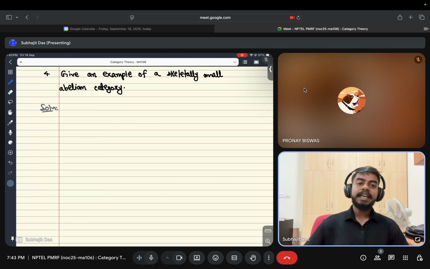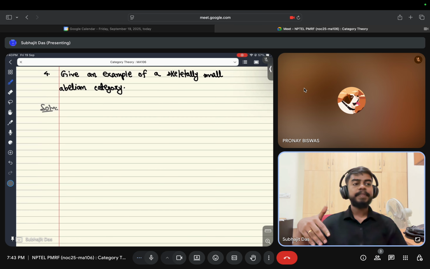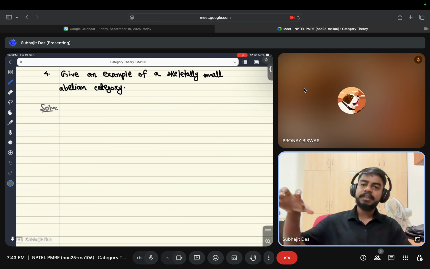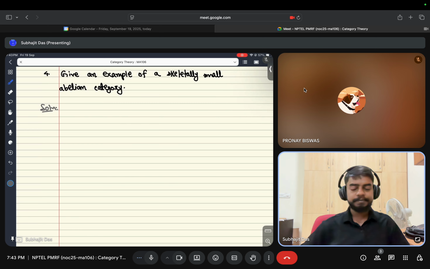Many times the domain category of the functor whose limit or colimit we are considering is not small. So one would hope that the domain category is skeletally small, so that instead of considering all objects, one can focus on one object from each isomorphism class, which now forms a set.